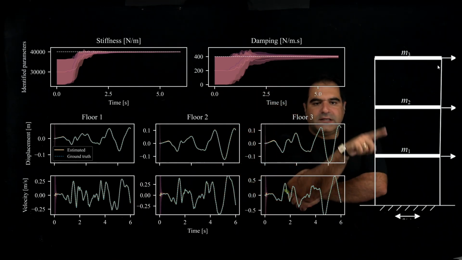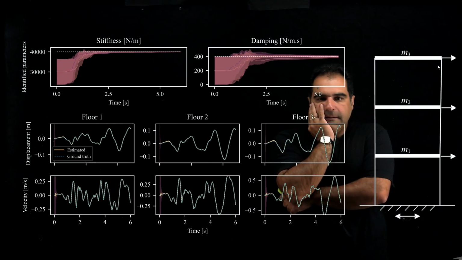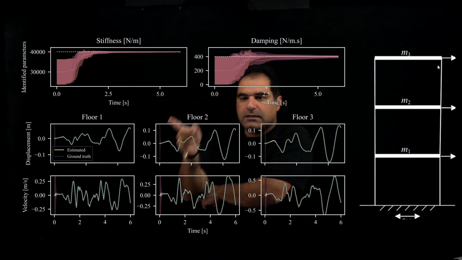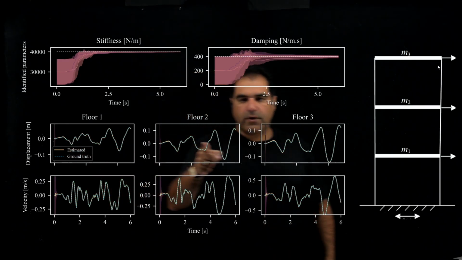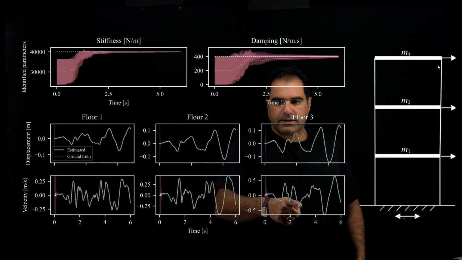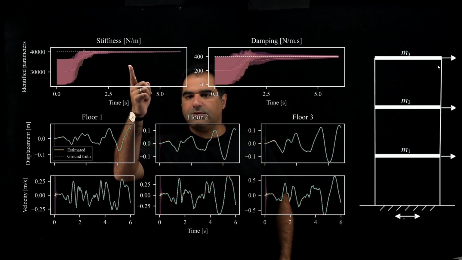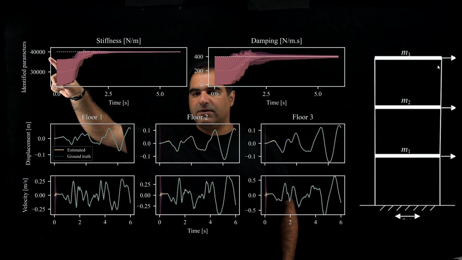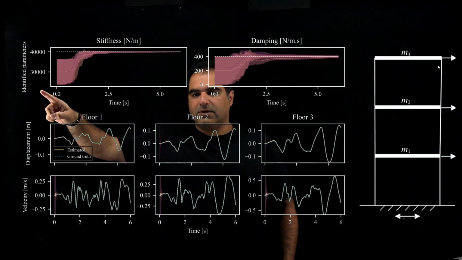Here, for this 3-story building, we were able to estimate the displacement of vibration for each floor and the velocity of vibration. Also, we were able to catch the ground truth for a stiffness value. For example, as you see, I assumed the ground truth for a stiffness value is 40,000, and I started with 30,000.